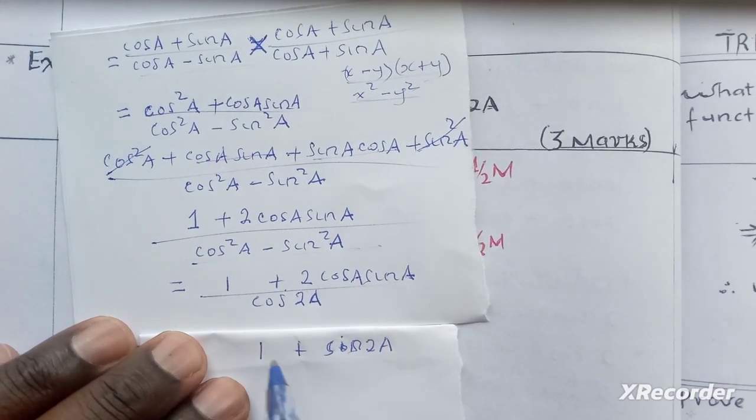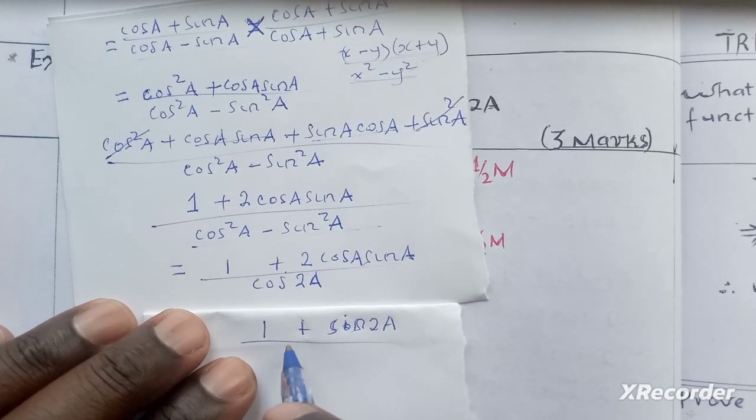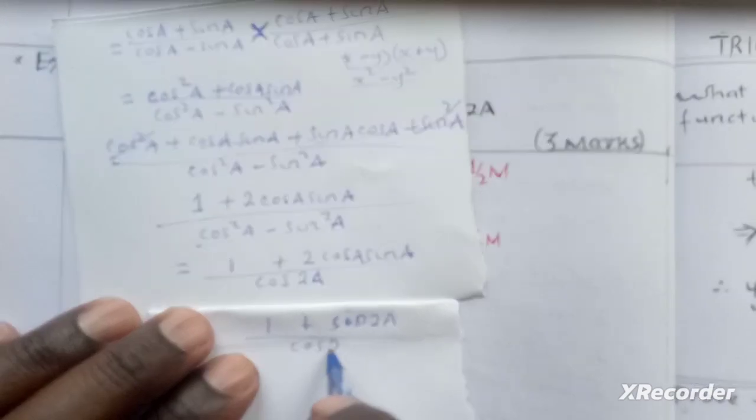So you have 1 plus sin 2A all over cos 2A there.